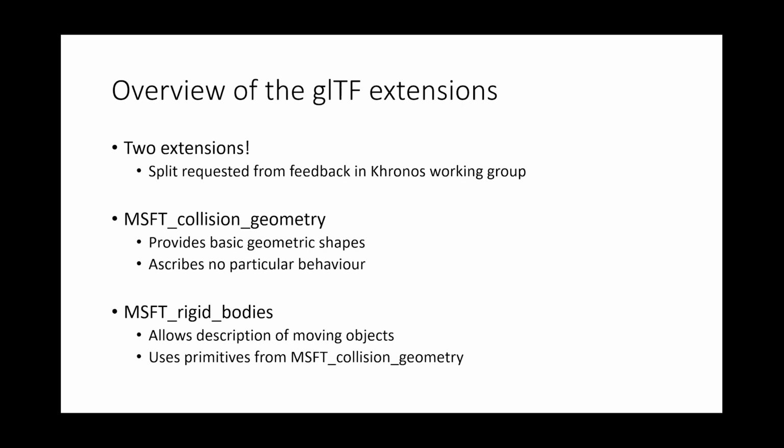So the collision geometry just provides basic geometric shapes, but it doesn't tell you what to do with them. It also has some filtering, which is useful even if you're doing queries. But the guts of what it does is give you geometry that isn't necessarily triangles. Then the other extension is the MSFT rigid bodies extension, and that allows you to describe moving objects. That builds upon the primitives that are exposed in collision geometry.